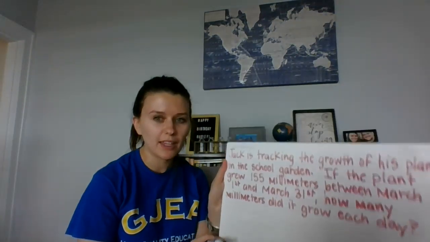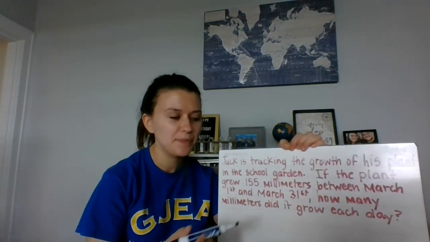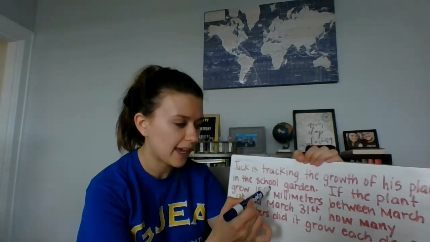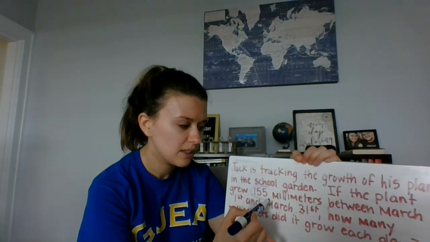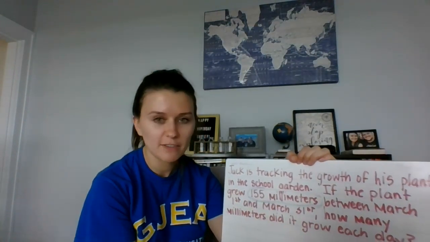Okay, I've read the whole problem. I can picture a plant growing and wanting to know how much it grew each day. So I'm going to go back and circle the information I know. So I know that in total, his plant grew to be 155 millimeters. Actually, I'm going to use a different marker.